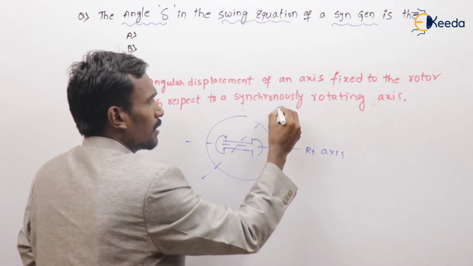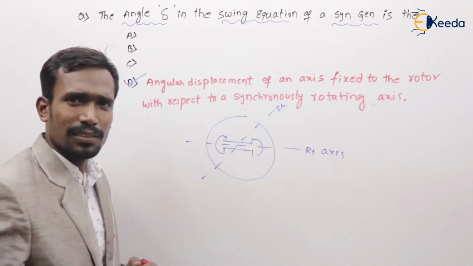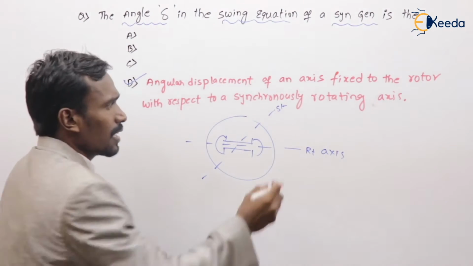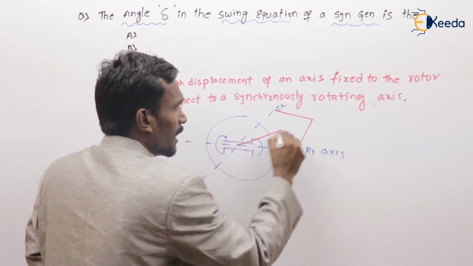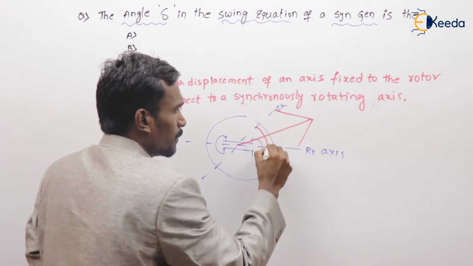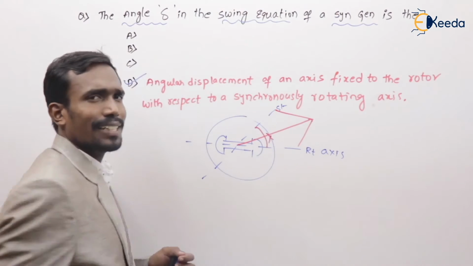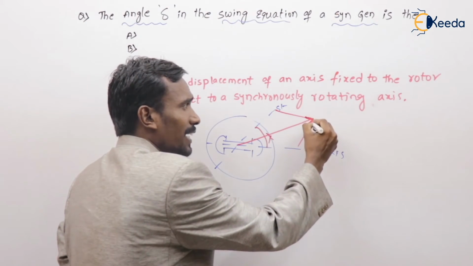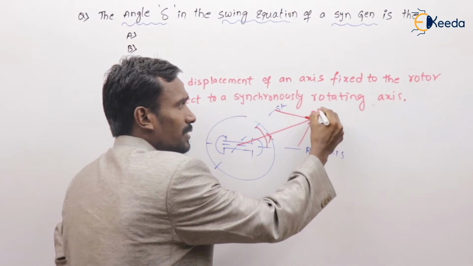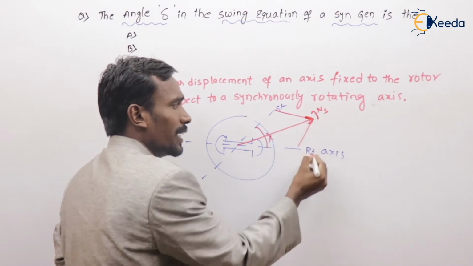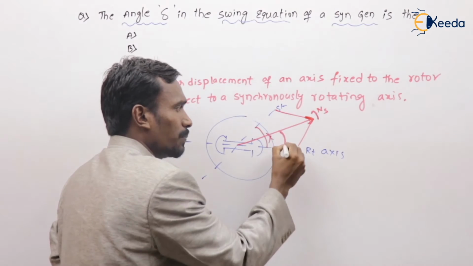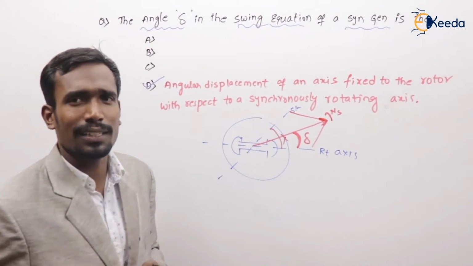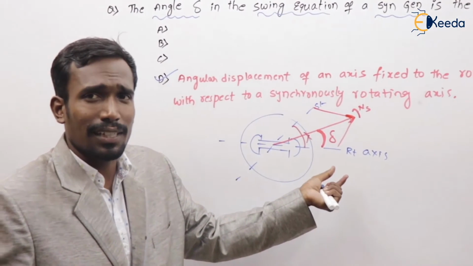For example, this is my stator axis and rotor axis. The angle between them is the torque angle. But this rotating axis, which rotates at synchronous speed, and the rotor axis, in between these two is called the load angle delta or power angle delta.